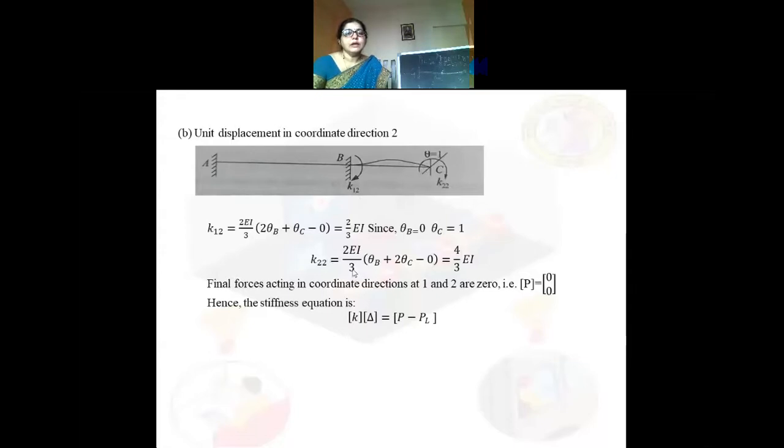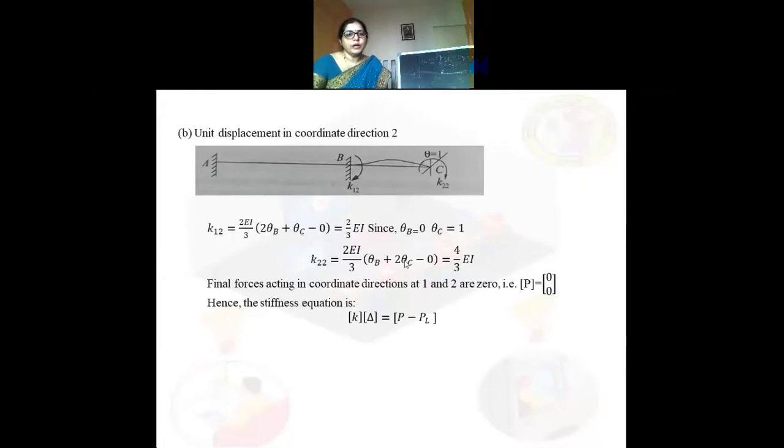So 2 EI by L into, for C far end is B, so near end is C. So 2 theta C plus theta B minus 3 delta by L, anyway it is 0. Theta B anyway is 0 because it is restrained. Where is rotation allowed? Only at theta C. So in place of theta C, how much rotation are we assuming? 1.